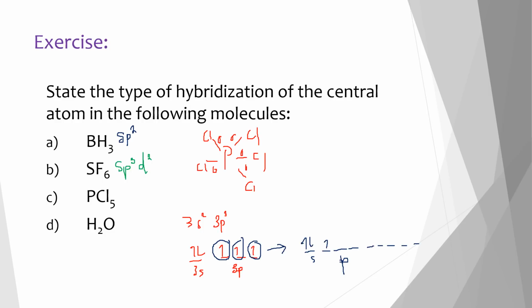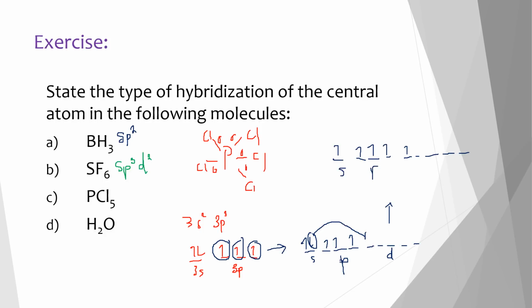Okay, right now you have hybridized the s, p, and d orbitals. So you can move one electron from the s to the d orbital because it already has the same energy level. So it will become like this.